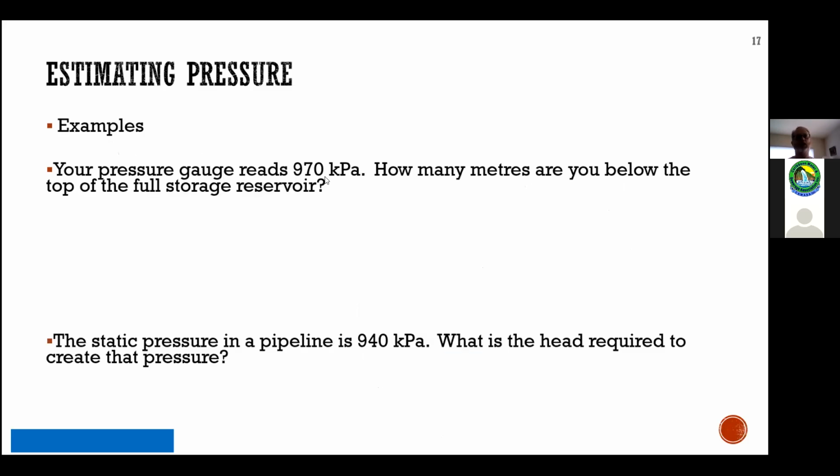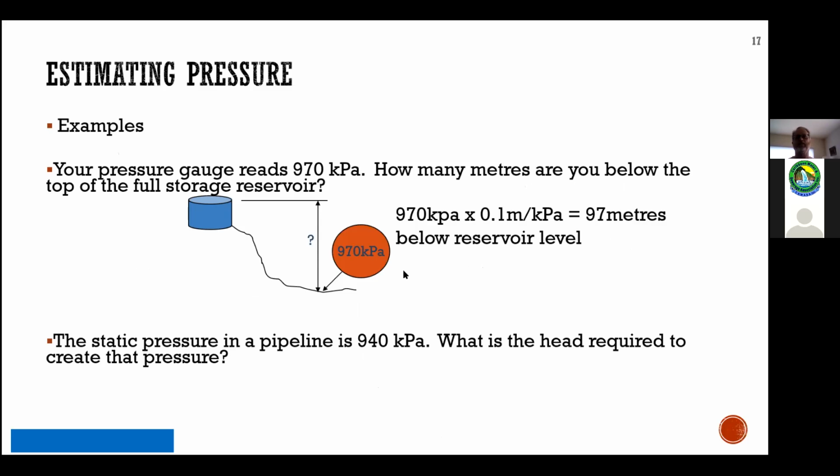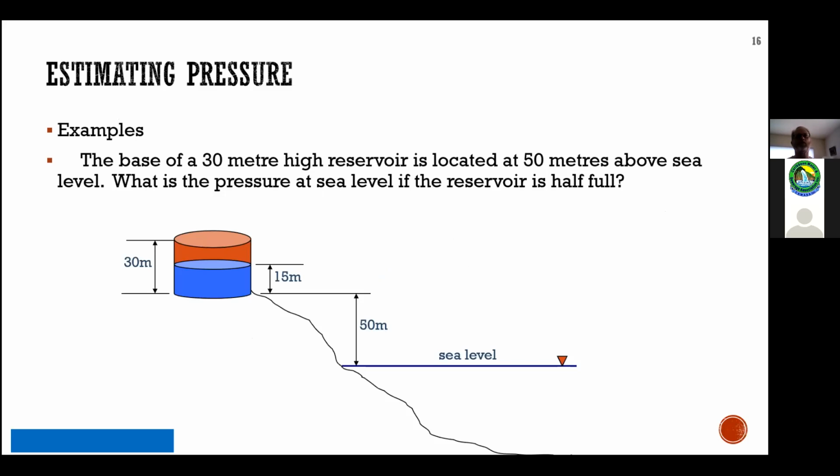So again, if your pressure gauge reads 970 kPa, how many meters below are you from the top of the storage? Well, there's our visual representation. Basically 97 meters below the top level of the reservoir. And remember to read the question carefully, because sometimes they may say, like that previous question, the reservoir is only half full.